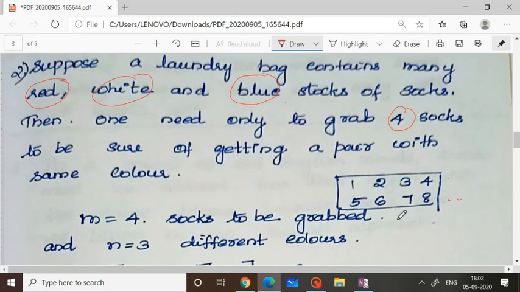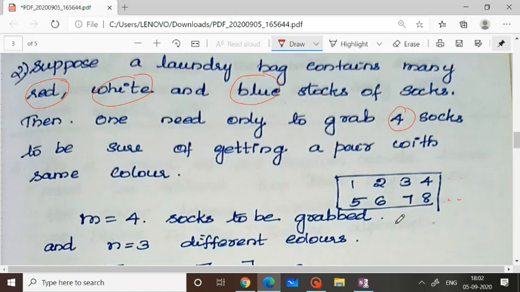So when you take 4 socks, you take any one of the colors: red, white, blue. If you want to select one more, that will be the repetition of any of these 3 colors. Suppose the laundry bag has 3 colors and you select one from red, one from white and one from blue.